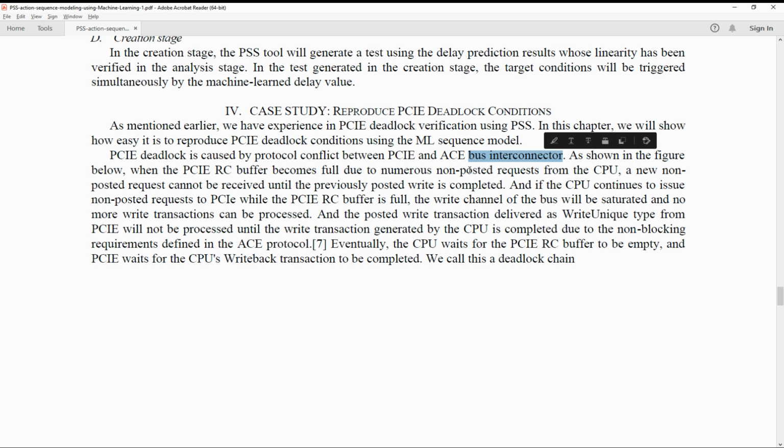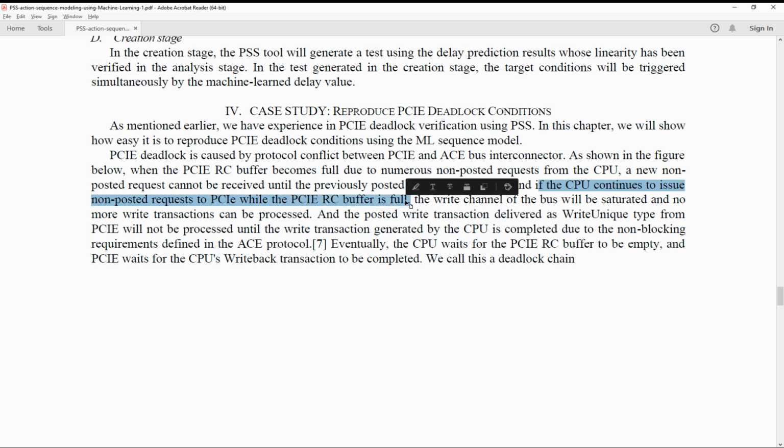As shown in the figure below, when the PCIe RC buffer becomes full due to numerous non-posted requests from the CPU, a new non-posted request cannot be received until the previously posted write is completed, and the CPU continues to issue non-posted requests to PCIe while the PCIe RC buffer is full.